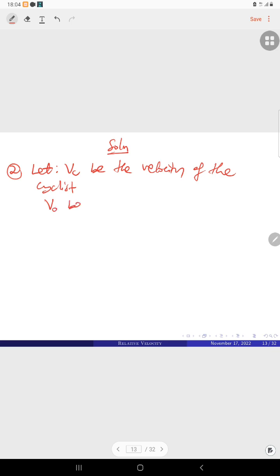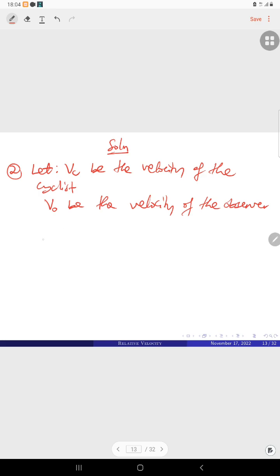So solution 2. Let me use the east and the west. Let VC be the velocity of the cyclist, and VO be the velocity of the observer.